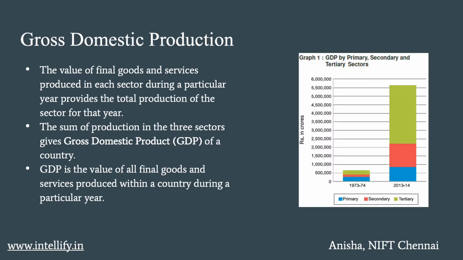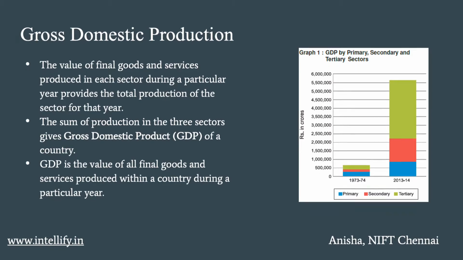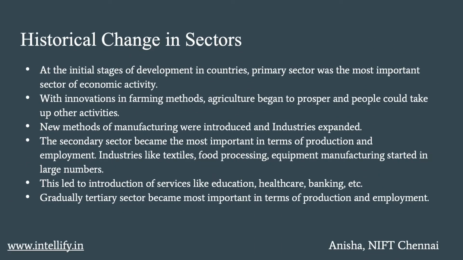The following is the graph showing GDP by primary, secondary, and tertiary sectors. You might have observed the trend shown by the graph. Now let us discuss this historical change in sectors.